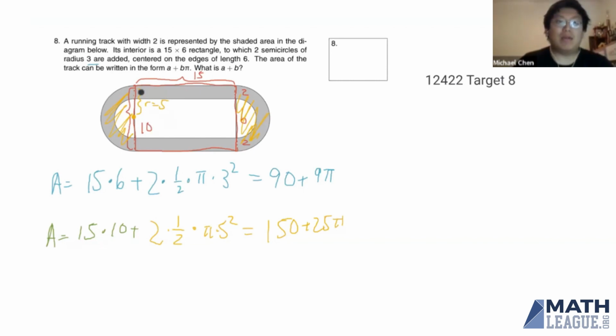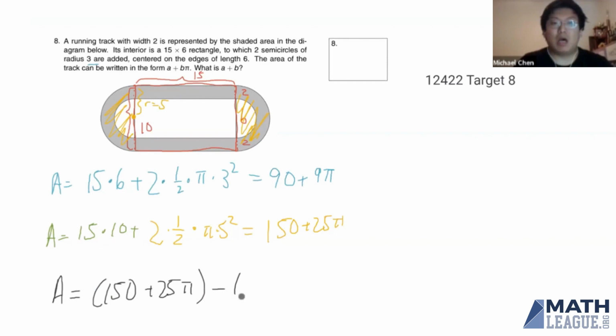Now, to find the area of the gray region, we know that that's going to be the total area of the entire figure, 150 plus 25 pi, minus the inside, which is 90 plus 9 pi. This will give us 60 plus 16 pi. Now, we might be tempted to just directly write that into our answer box, but that's not what the question is asking for.